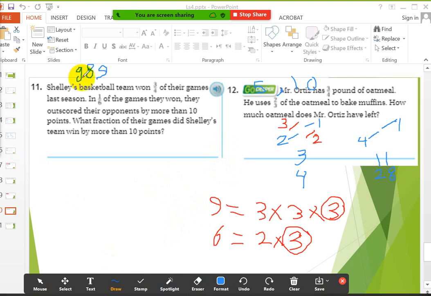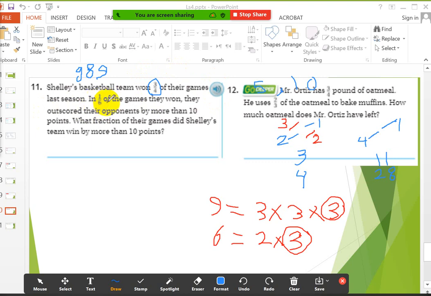Let's read it. Shelley's basketball team won 3 over 4 of their games. Okay, so this is the number of games that they won last season.